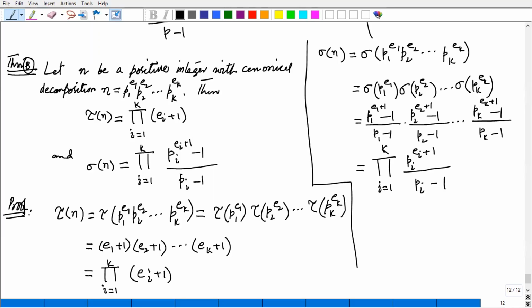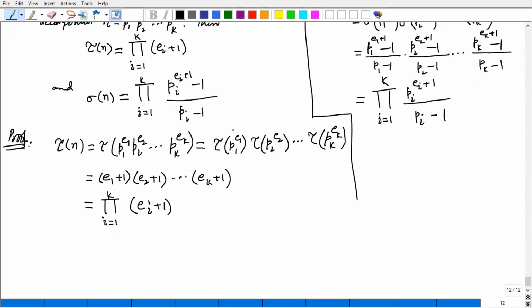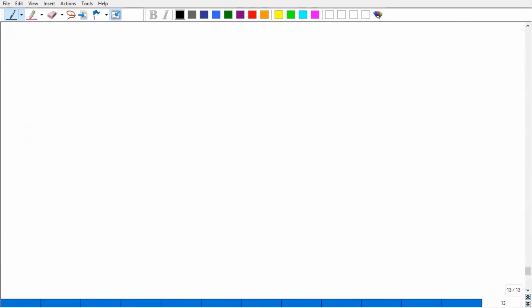Okay, look at a bigger number, for example 6120. We need to find the number of positive divisors and the sum of the positive divisors of 6120. 6120 is not prime, but it can be decomposed by using prime factorization.